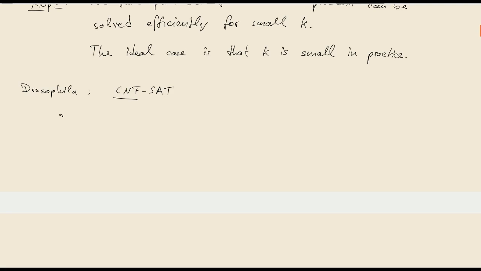One possibility for a parameter is the size of a clause. So we can restrict each of the clauses in the formula to have at most k literals. We might also say it's exactly k literals. That doesn't make a difference, because we can always fill up by copying existing literals. That doesn't change the value of the formula.